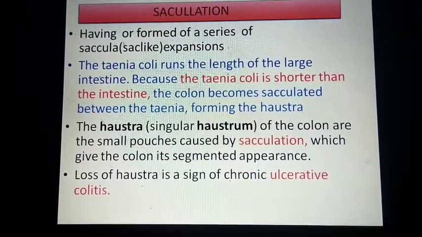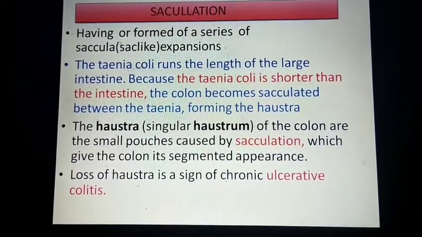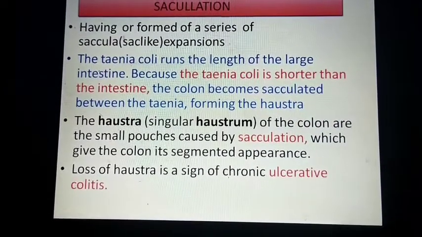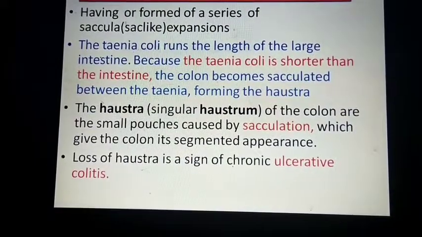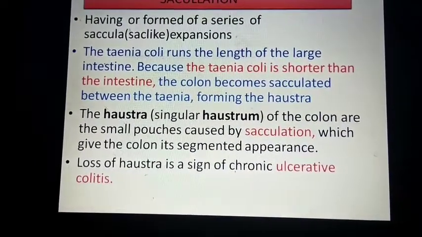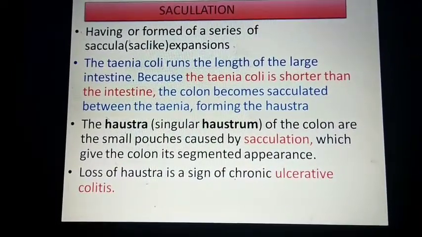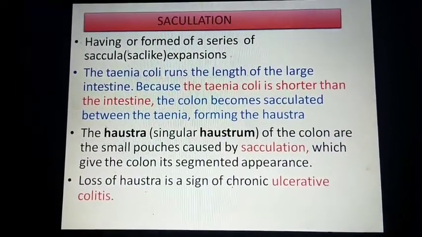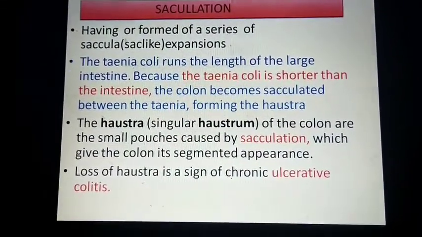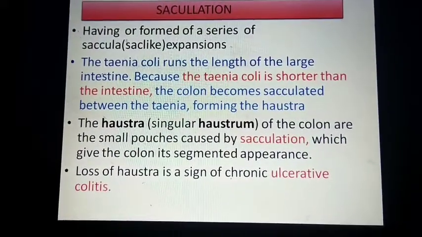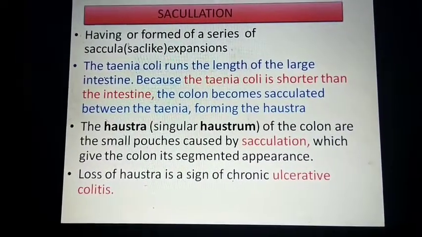The tinea coli run along the length of the large intestine, and because the tinea coli are shorter than the intestine, the colon becomes sacculated between the tinea, forming the haustra. The teniae are ribbon-like structures. The large intestine has two forms of musculature, longitudinal smooth muscle and circular muscle.